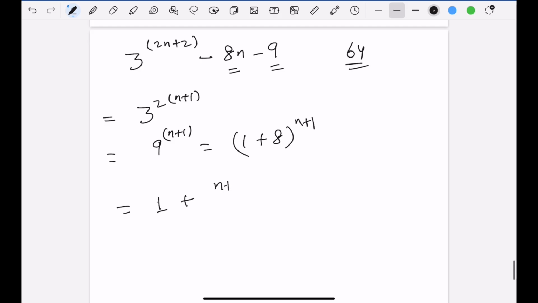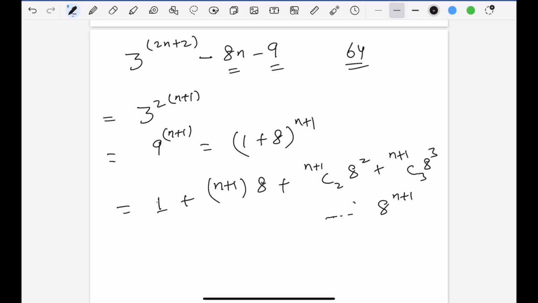nC1, which is n plus 1, into 8 to the power 1, plus n plus 1 C2 8 to the power 2, plus n plus 1 C3 8 cube, and all the way to 8 to the power n plus 1, n plus 1 C n plus 1.